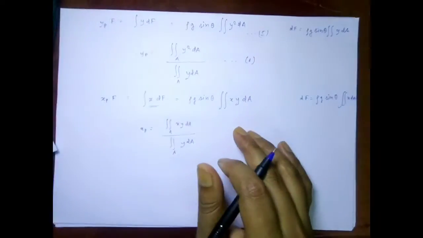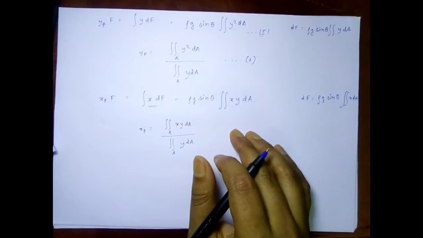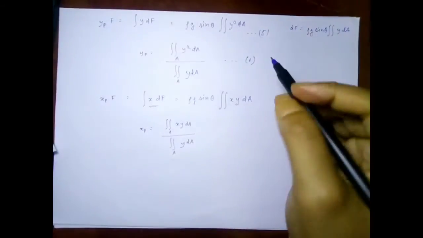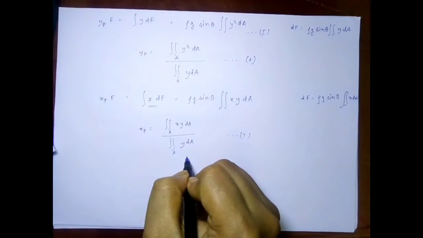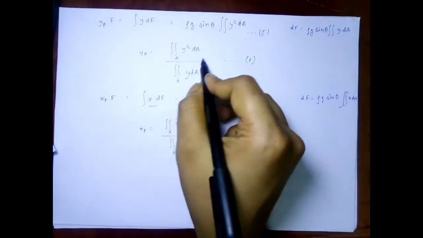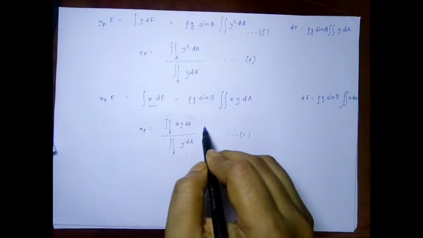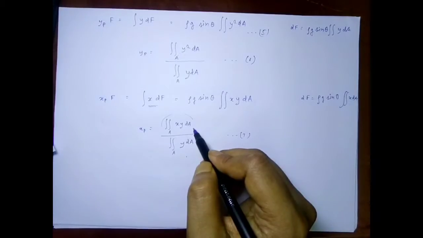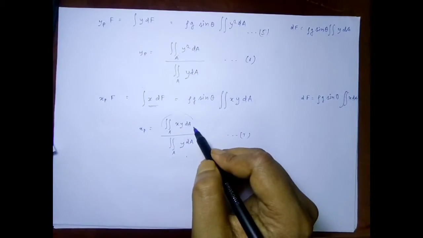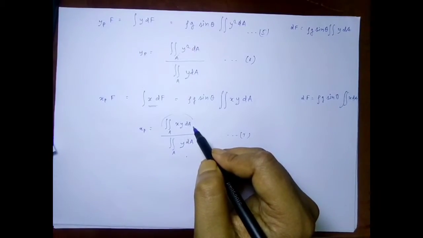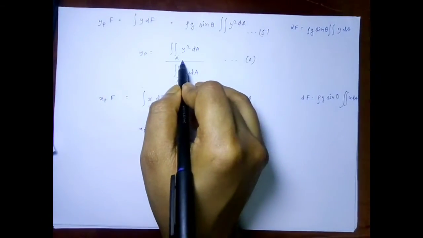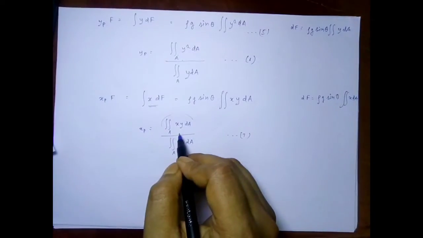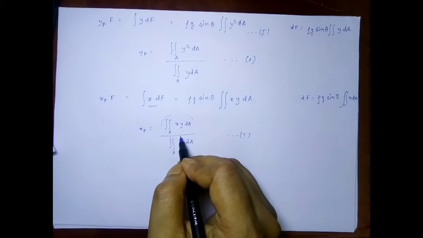So finally, the two double integrals in the numerators of equation 6 and equation 7, that is y square dA and xy dA, are the moment of inertia Ixx about the x-axis and the product of inertia Ixy about the x and y axes.